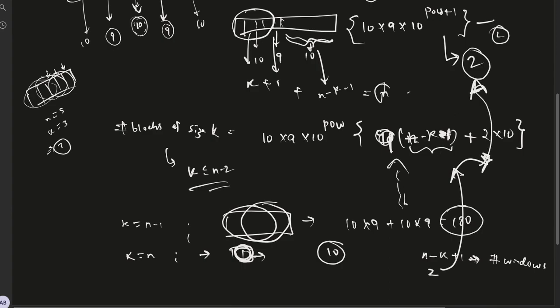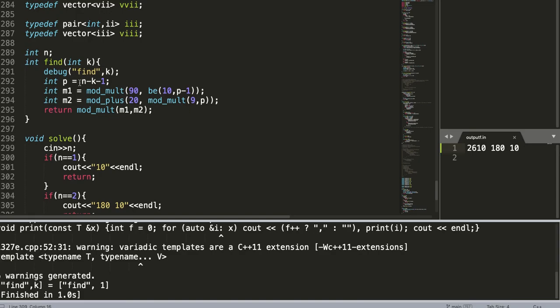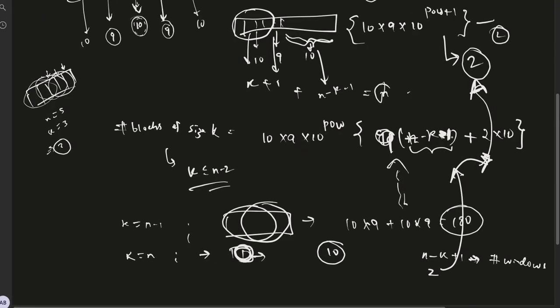So for this we have n minus k minus 1 windows left. Similarly, for the answer also, you can see that this is n minus k minus 1, which is this term. Yeah, that's it.